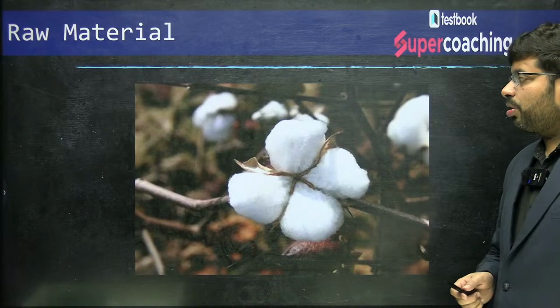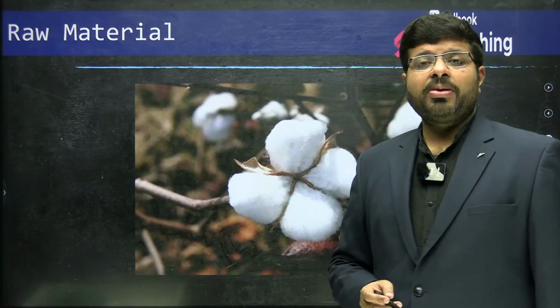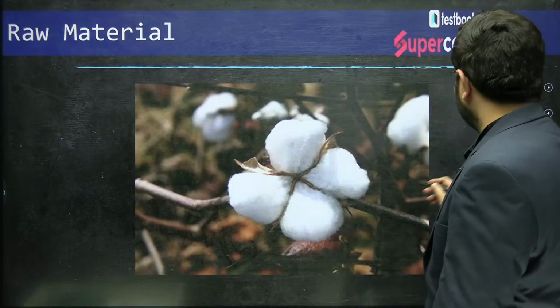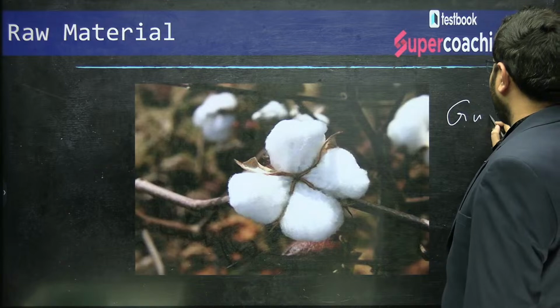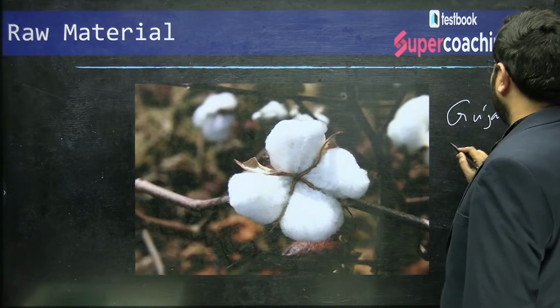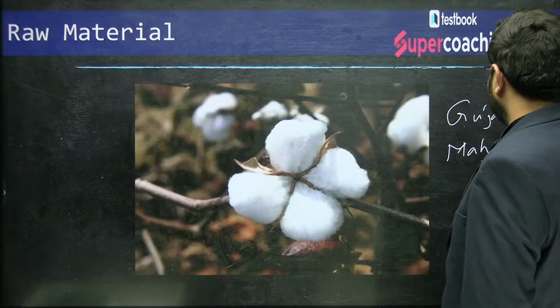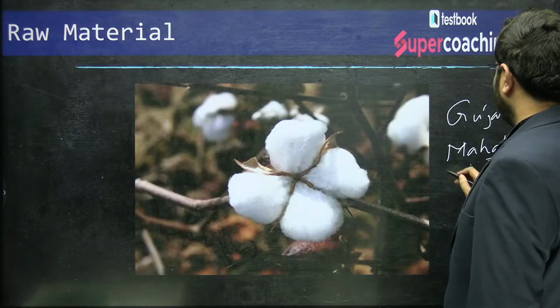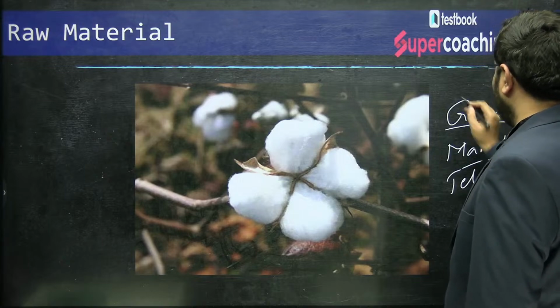similarly you can talk about the cotton textile industry. In the cotton textile industry, there is easy availability of cotton in places like Gujarat, and the growth of cotton in states like Maharashtra, you can talk about Telangana, the black soils.